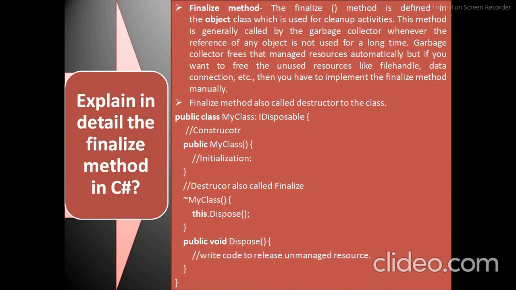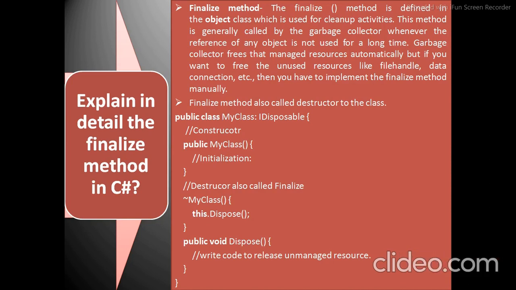Now explain in detail the Finalize method in C#. The Finalize method is defined in the object class and is used for cleanup activities. The method is generally called by the garbage collector whenever the reference of an object is not used for a long time.